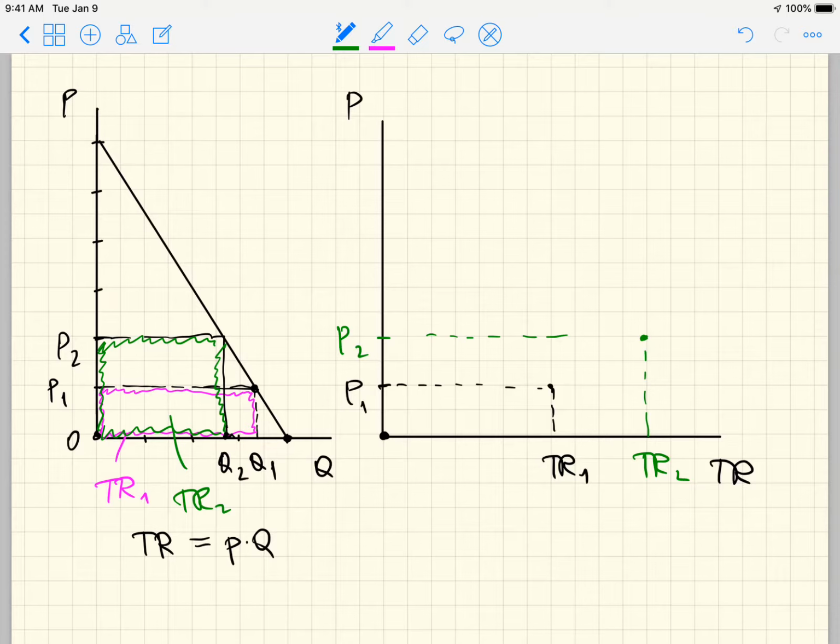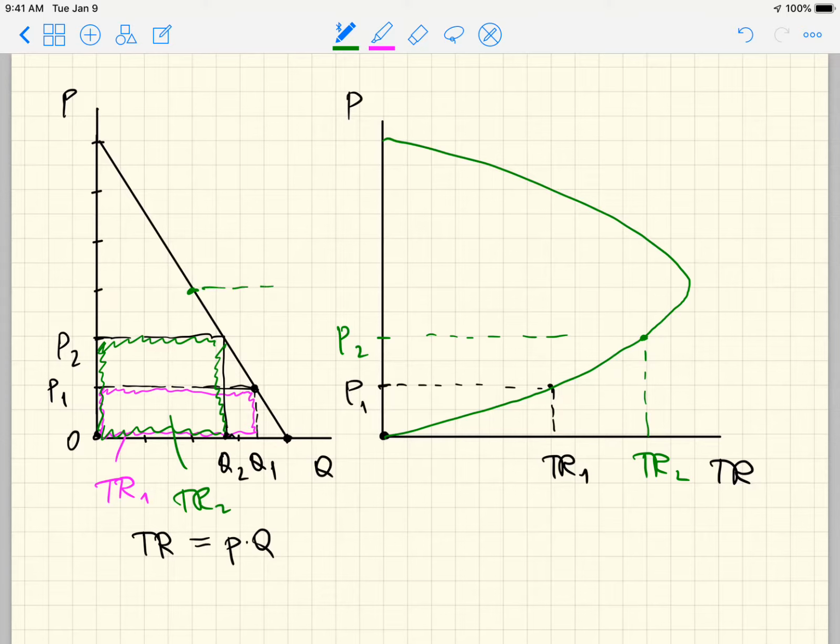Basically, if you do this step by step, you will end up with a curve that looks like this. All right, looks good enough.